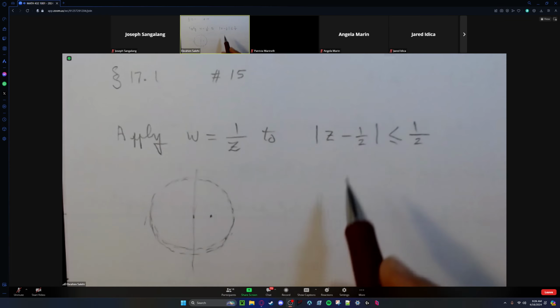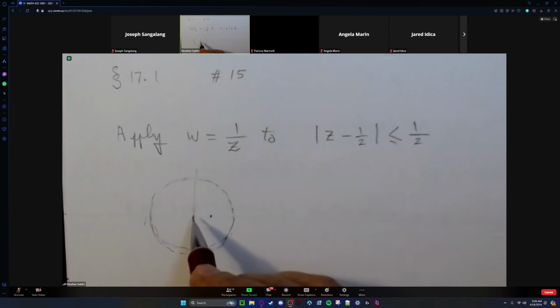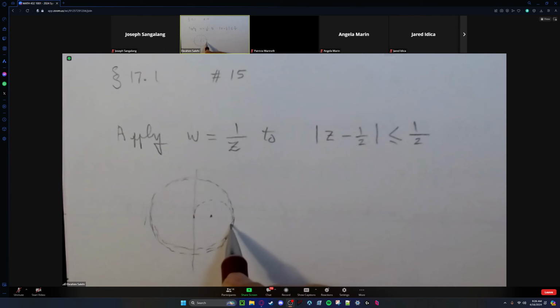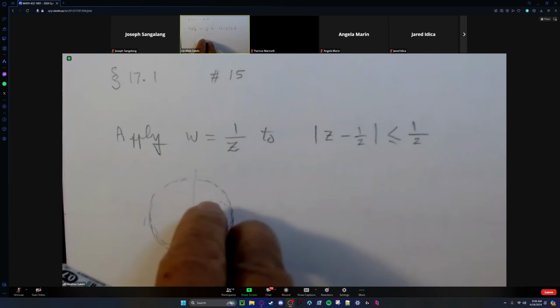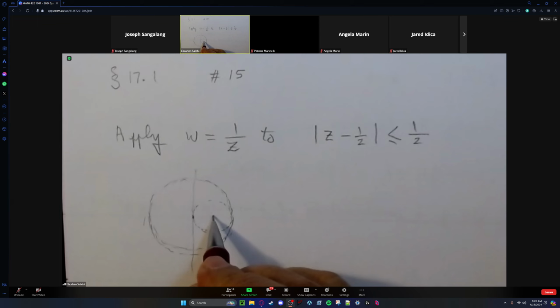This is the circle centered at 1/2, radius 1/2. So it's this one. Okay.